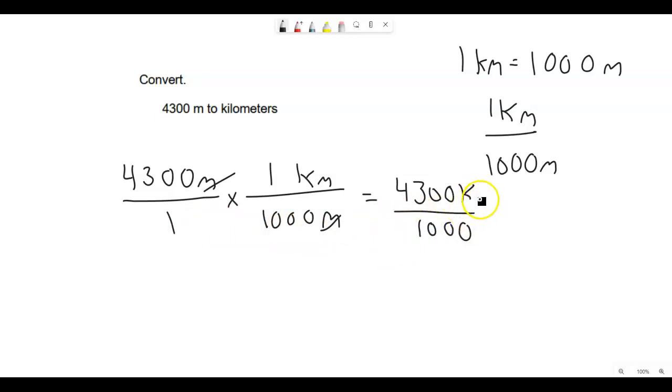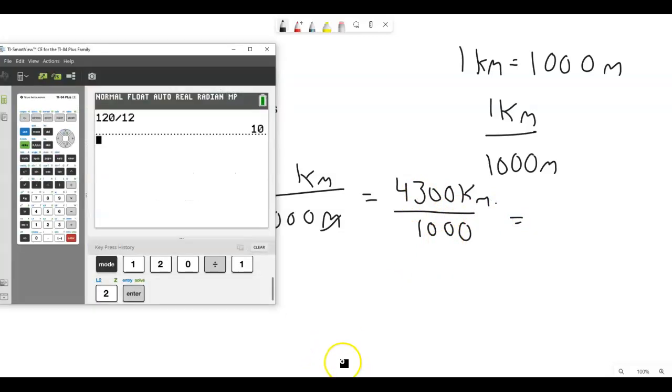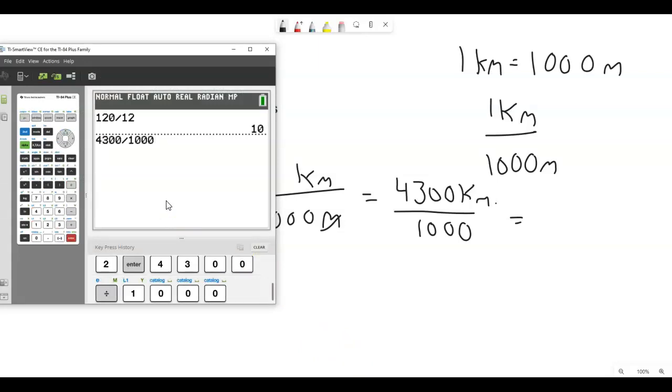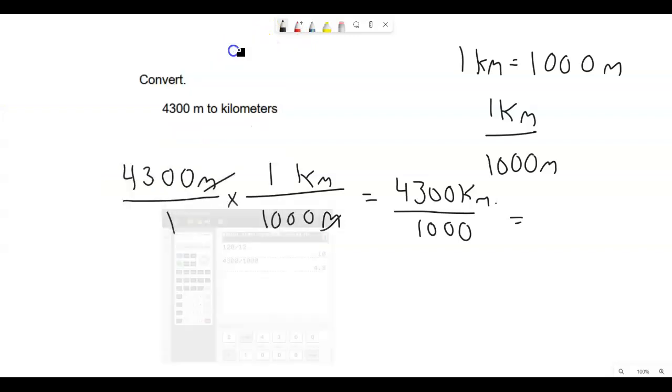So again, what we're going to do is divide 4,300 by 1,000. Let's bring up the calculator. 4,300 divided by 1,000, and we're going to get 4.3. So that is equivalent to 4.3 kilometers.